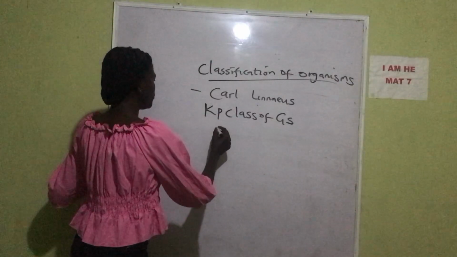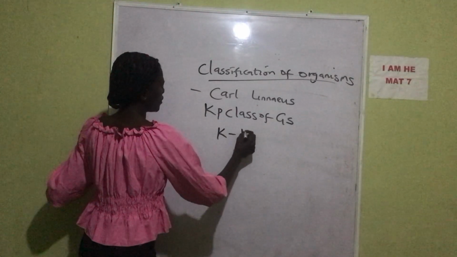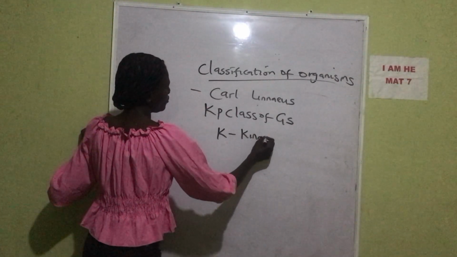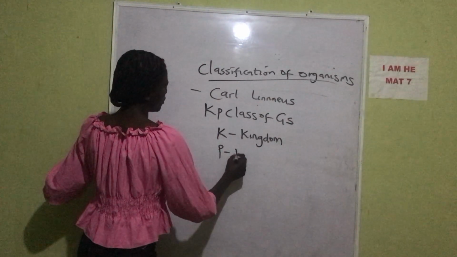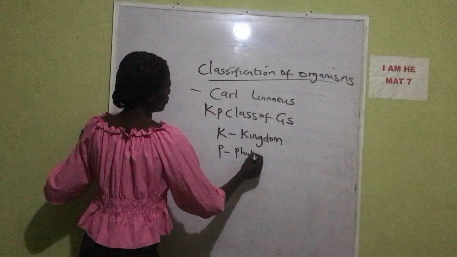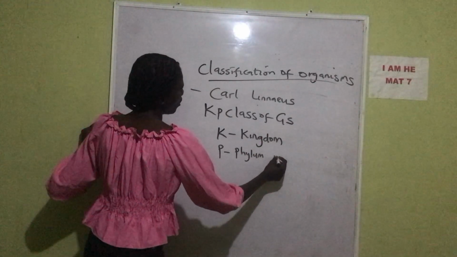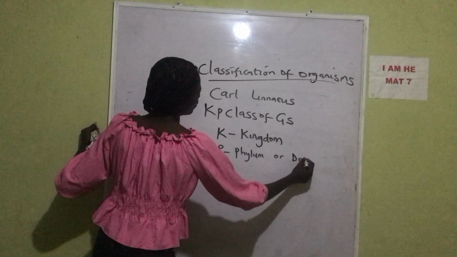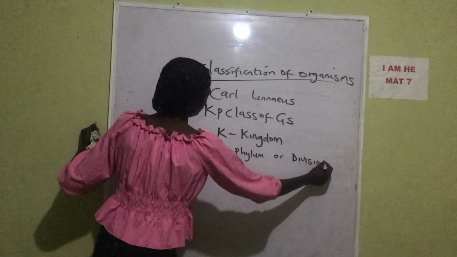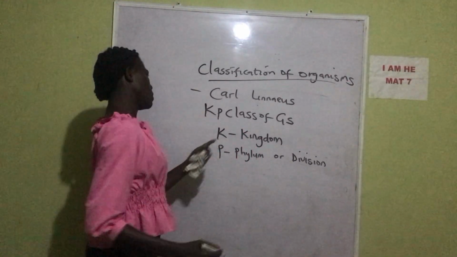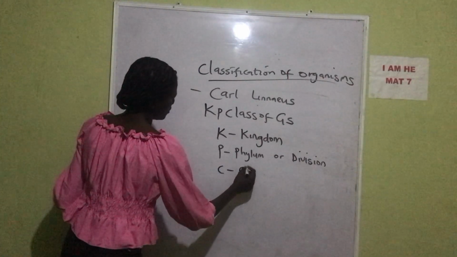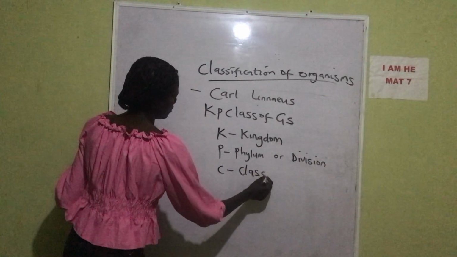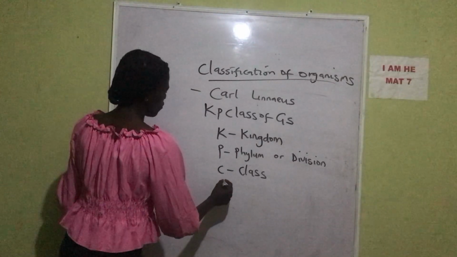K is for kingdom. P is either phylum or division. C is class. O is for order.